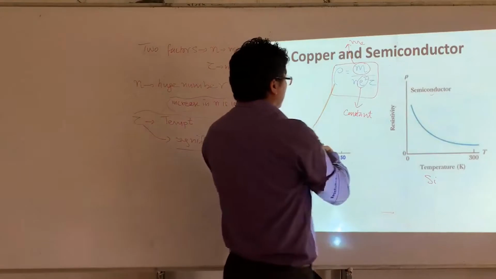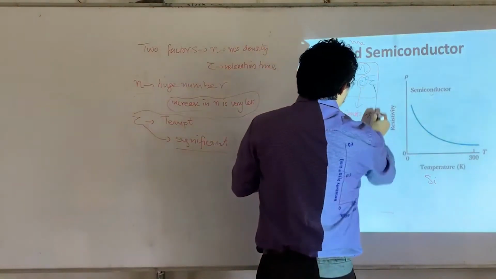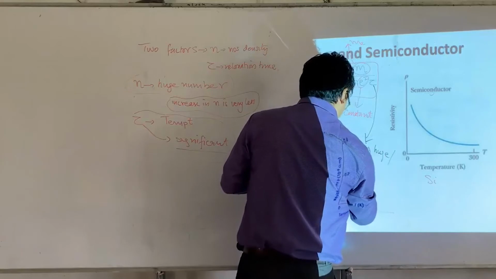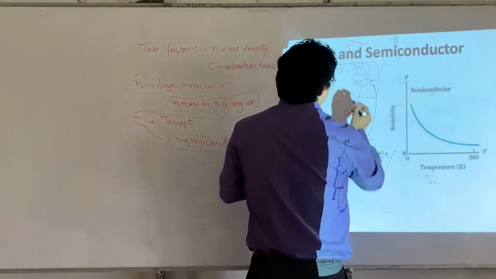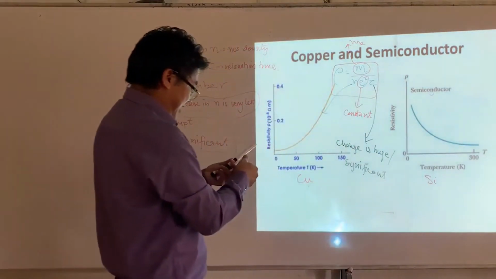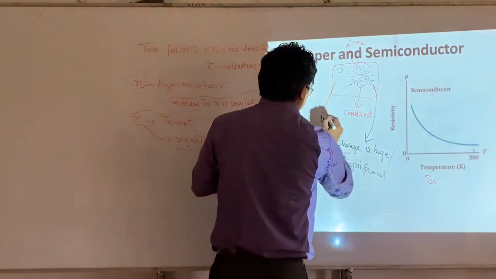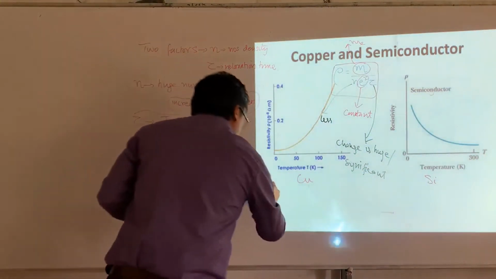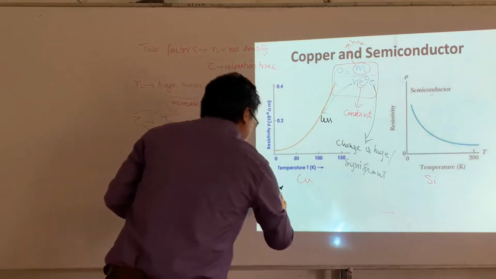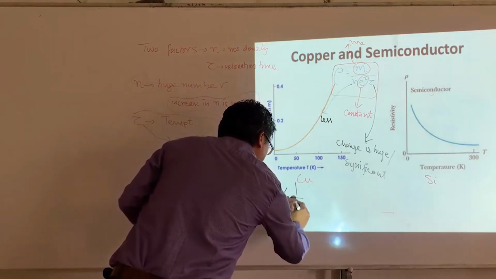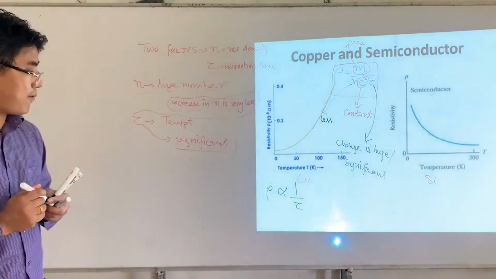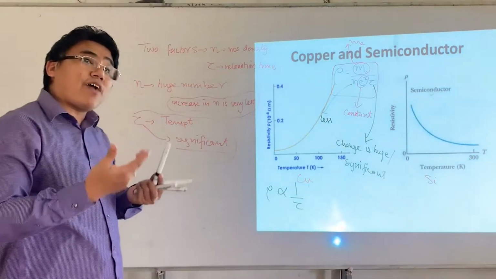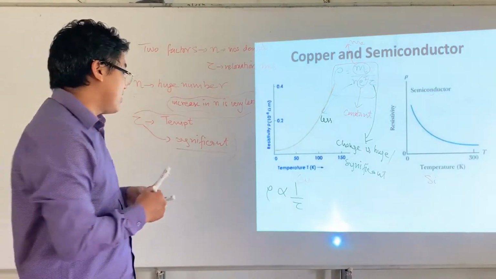So I would like to write here: for copper, the change in tau is huge, an appreciable change, and the change in n is very, very little, negligible. Therefore, for copper, rho is proportional to 1 by tau, because I neglect the effect of n, whose change is insignificant.